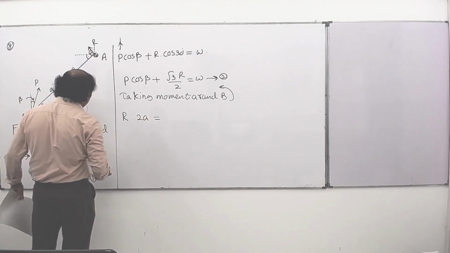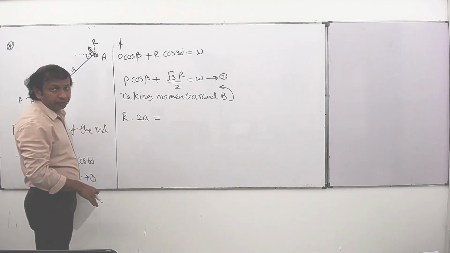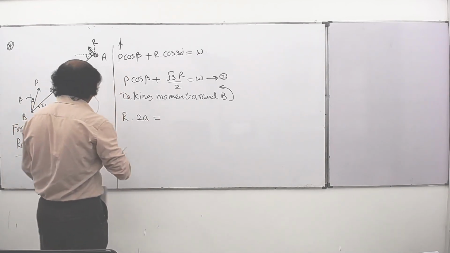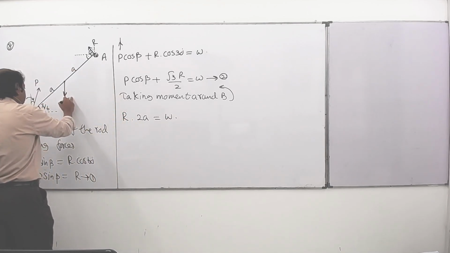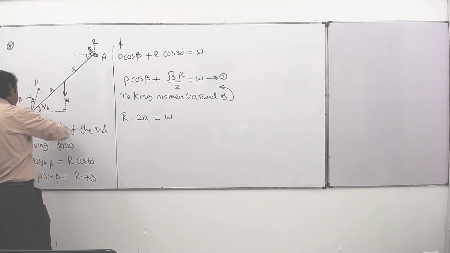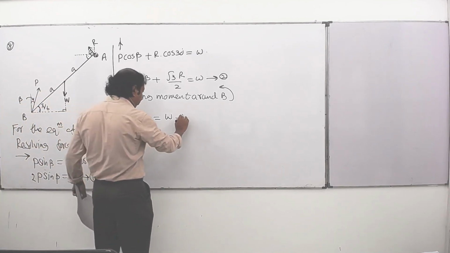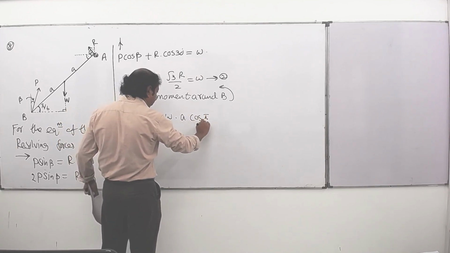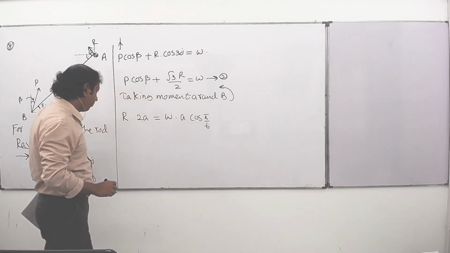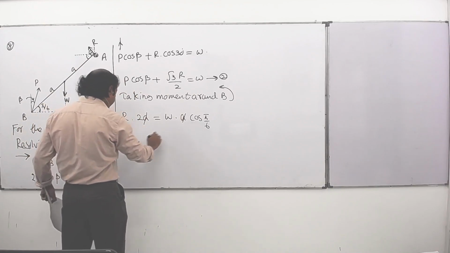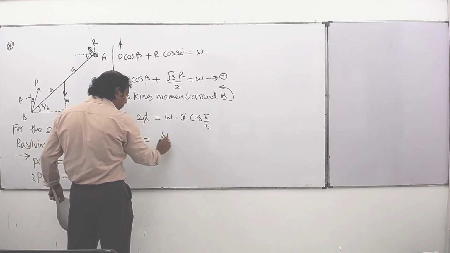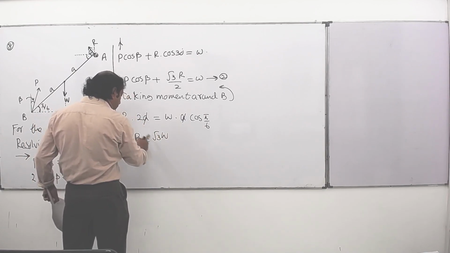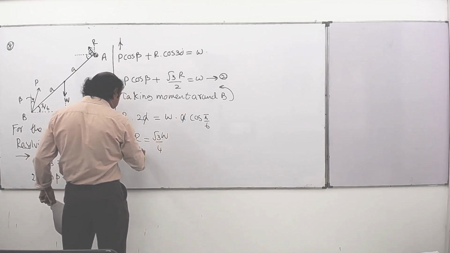But this W gives a clockwise moment, therefore I write W on the right hand side. Moment of W is W into the perpendicular distance, which is A cos pi by 6. A and A you can cancel down. R equals W cos 30 over 2, that is root 3 by 4 W. Number 4.